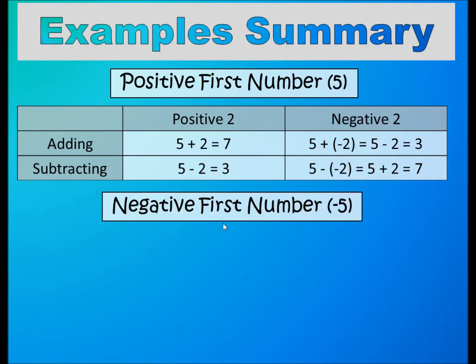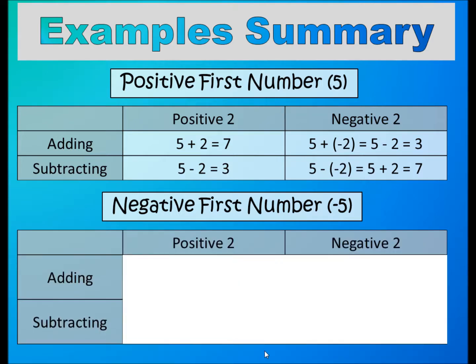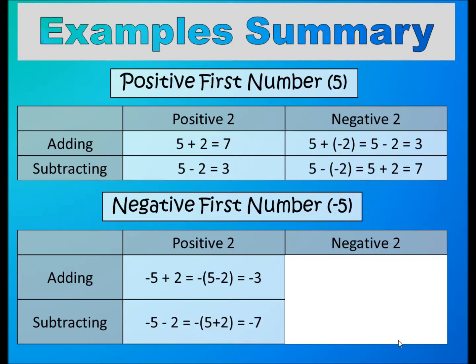Then we also had examples in which the first number was negative. These examples had negative 5 instead of 5. We found that negative 5 plus 2 is equal to negative, parentheses, 5 minus 2 equals negative 3. Then we found that negative 5 minus 2 equals negative, parentheses, 5 plus 2, which is equivalent to negative 7.